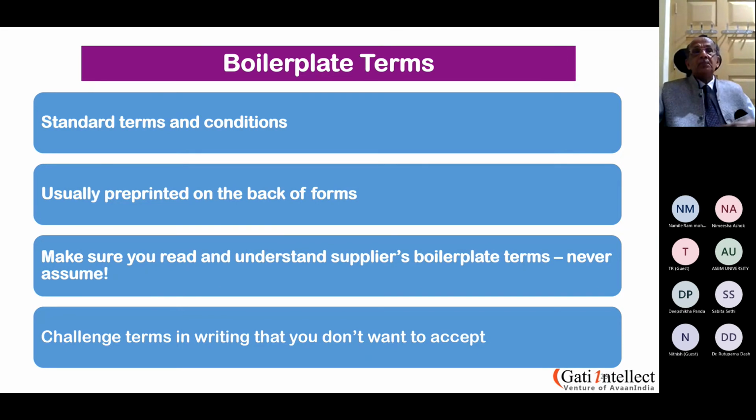Items not stipulated in the boiler terms will not be acceptable. Challenge terms in writing that you won't accept it. Please understand this is a very important thing. Do not get carried away with these sort of things. Say you want everything to be put in black and white. Only what is stated will be accepted. This is the famous boiler terms.